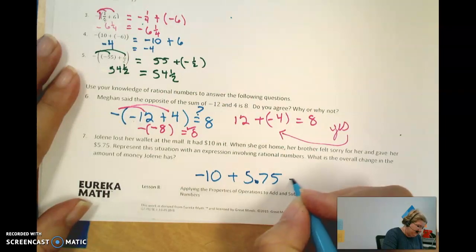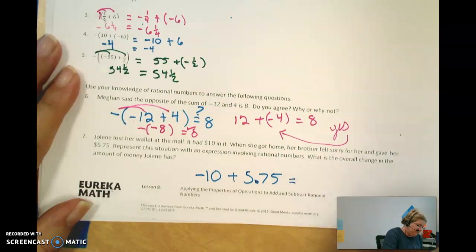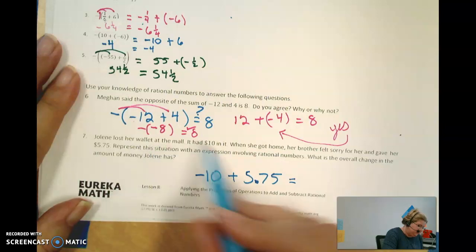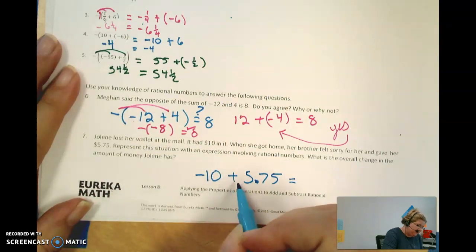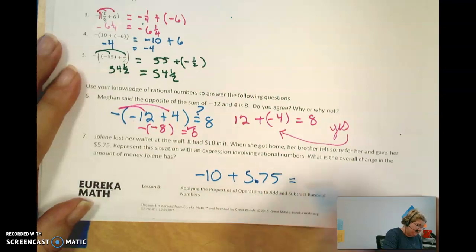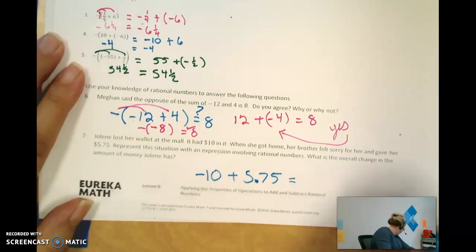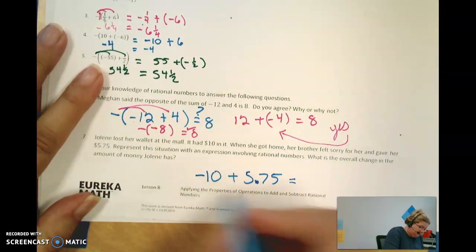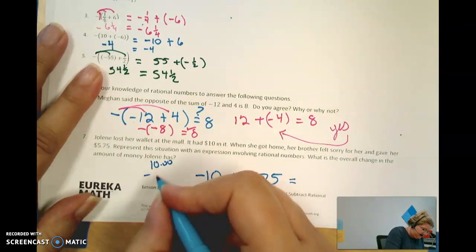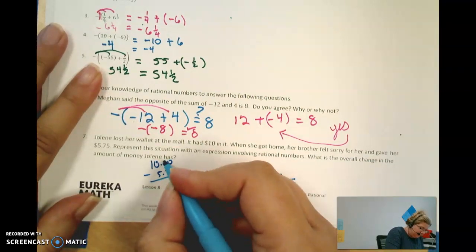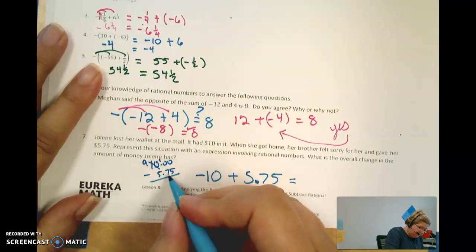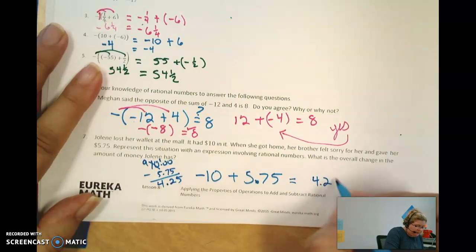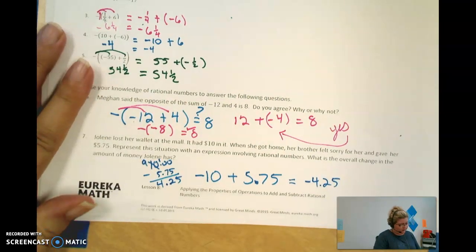She lost her wallet. She had $10 in it. So for the overall change and the amount of money that she has, I'm going to do 10 minus $5.75. $1 minus 75 cents is 25 cents. 9 minus 5 is 4. 4.25 less than she started with.